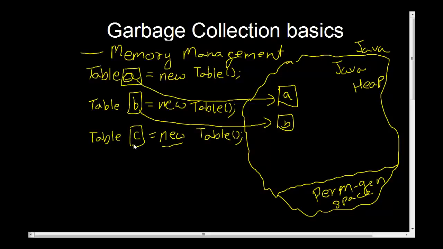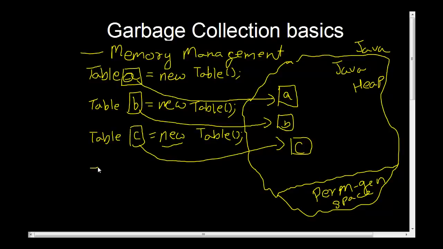So this is another reference to some object in the memory. Now, all good. You created a new table A, Java created a reference, which is this instance name, and that reference points to the physical real object location in Java's heap, and so for B, and so for C.